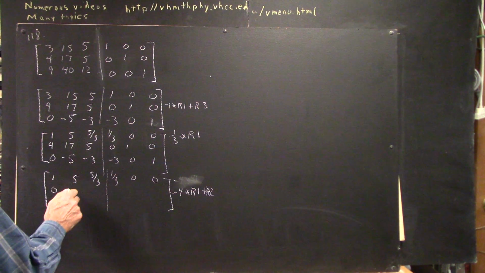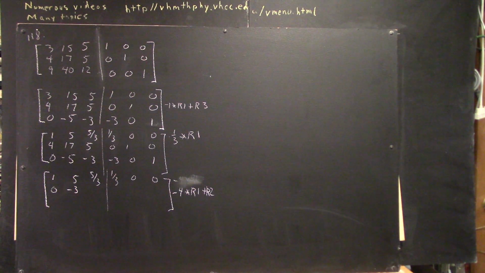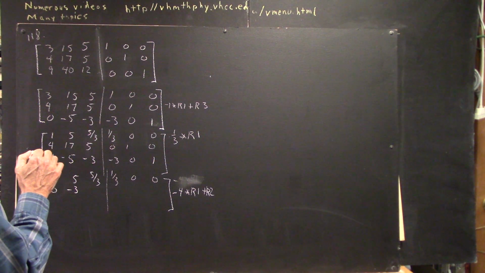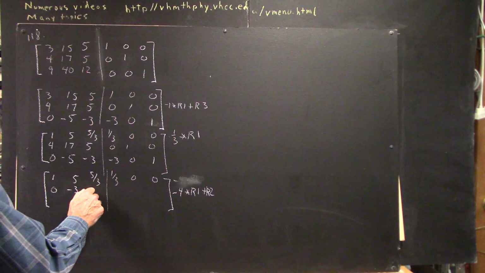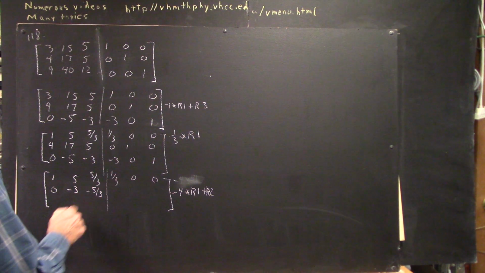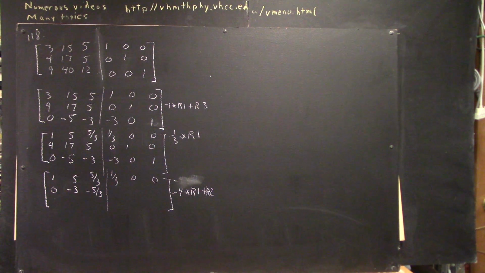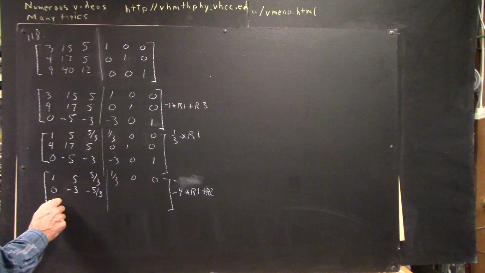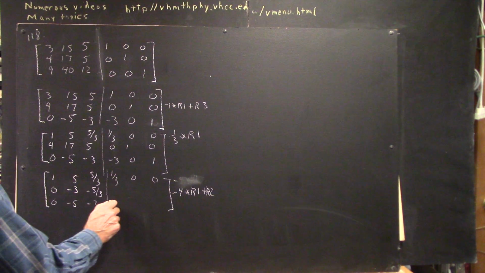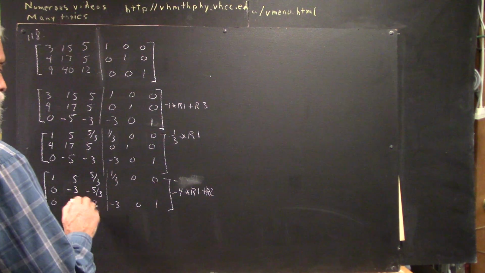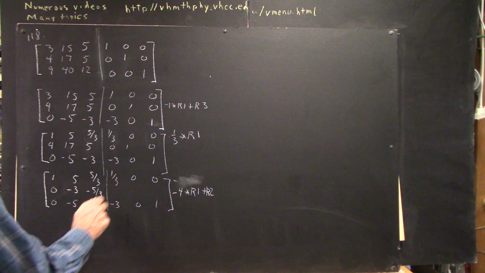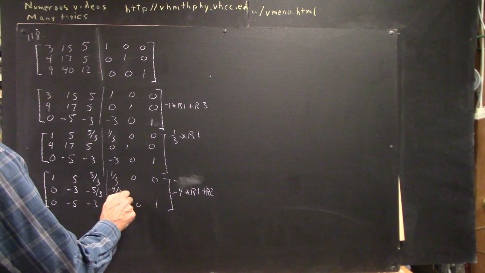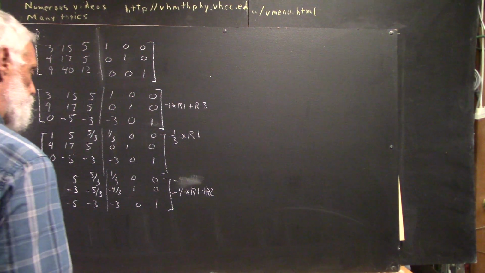Negative 4 times 5 is negative 20 added to 17 is negative 3. Negative 4 times 5/3 is negative 20/3. Okay, 5 is 15/3, so I think we're going to have a negative 5/3 here. Now we're going to have our 0, negative 5, negative 3, etc. And of course we're going to do negative 4 times the first row to the second all the way across. We're going to get negative 4/3, 1, 0.